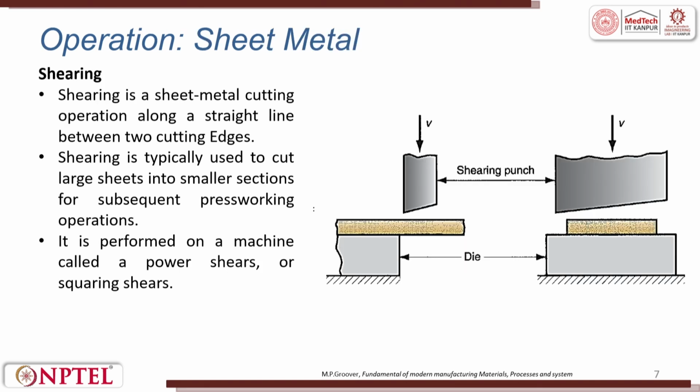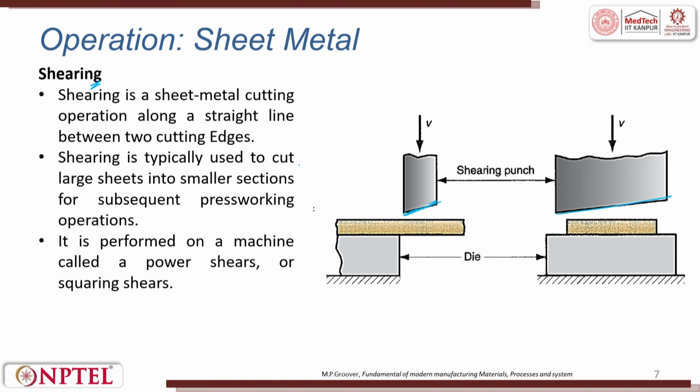The first operation we saw was cutting. Now, what we see is shearing. This is the die, and here you can see there is a punch. This is the side view and this is the front view. You see here there is a taper. Shearing is a sheet metal cutting operation along a straight line between two cutting edges.